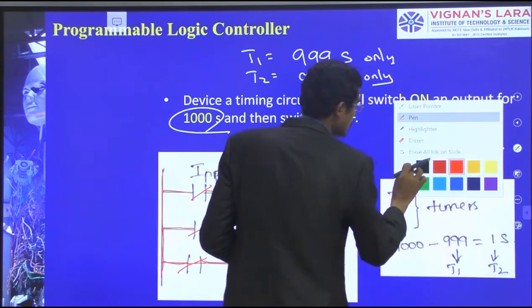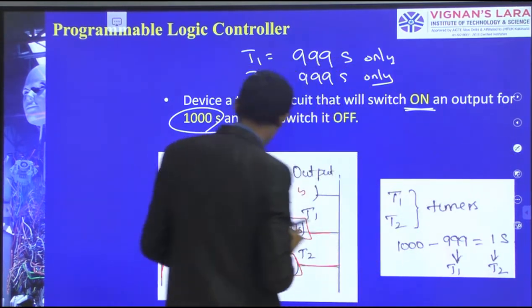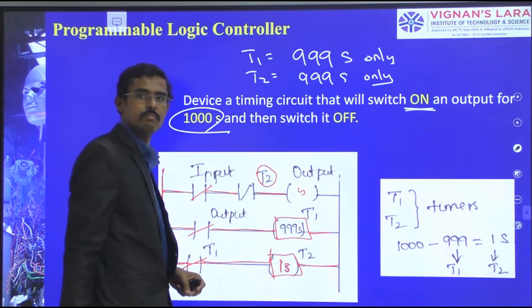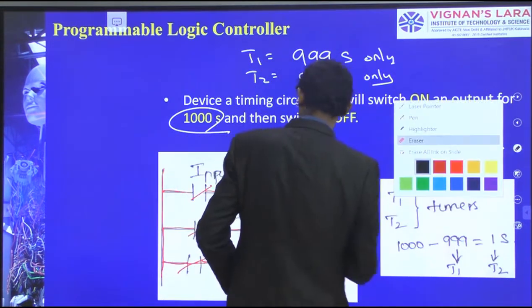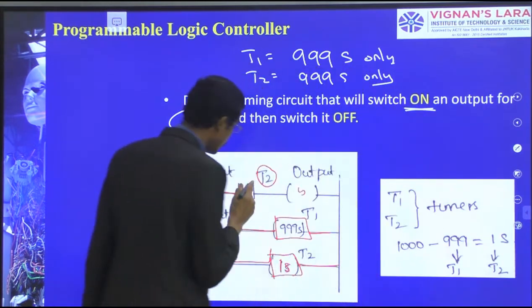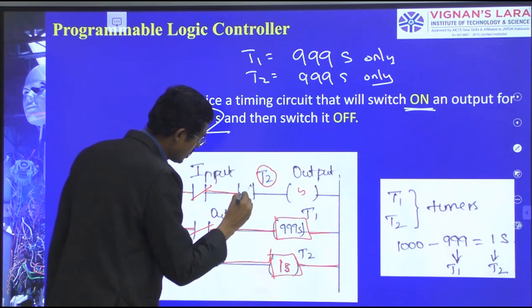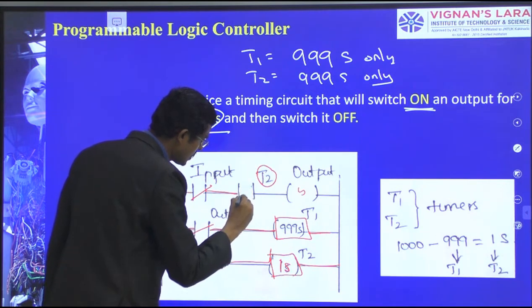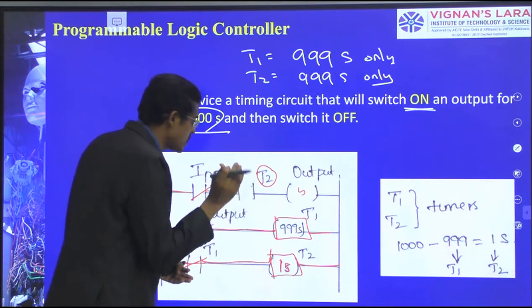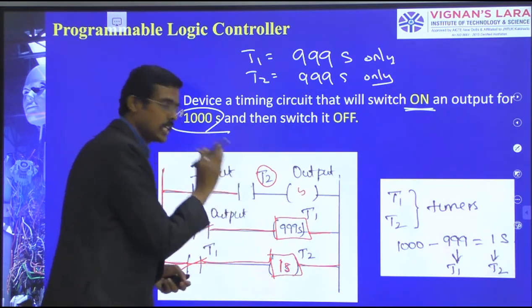So when the signal is received, it breaks now. If it is breaking, we won't get the signal here. The signal is received, and it is converted to an open contact. The break contact has been converted to open because it is sensed.